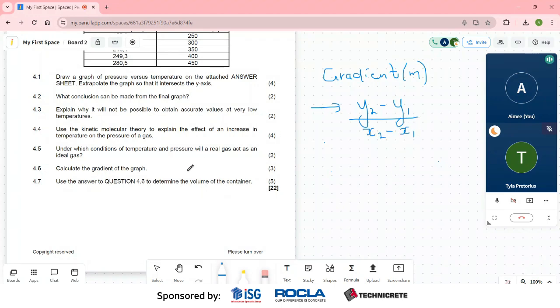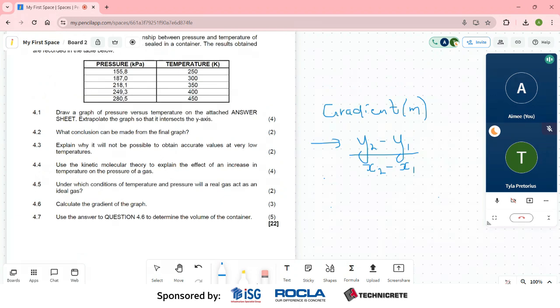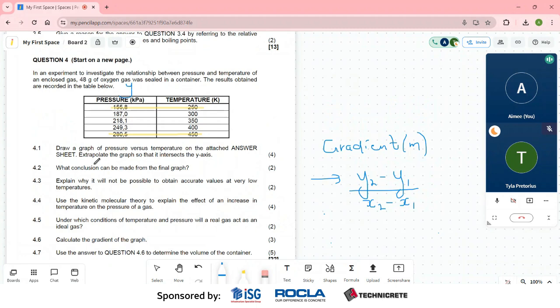So you need to find 2 points on your graph. I'm going to go with my lowest point and my highest point, and use these two sets of values to plug into my gradient formula. You already know that pressure went on your y-axis, and temperature went on your x-axis.